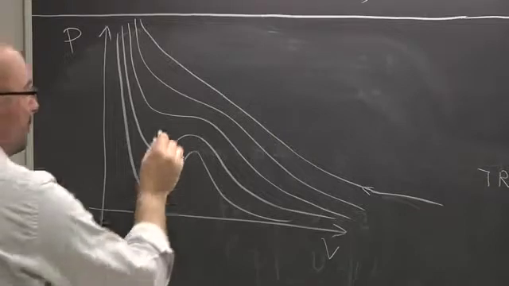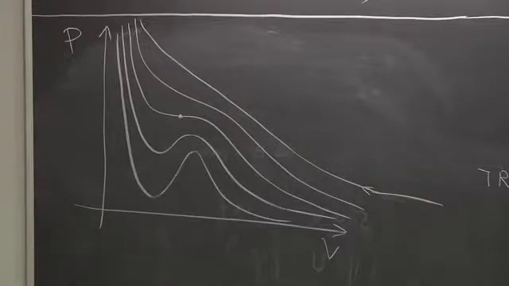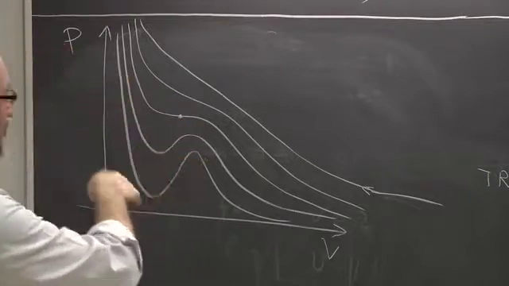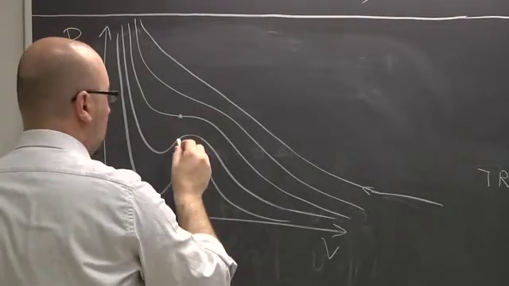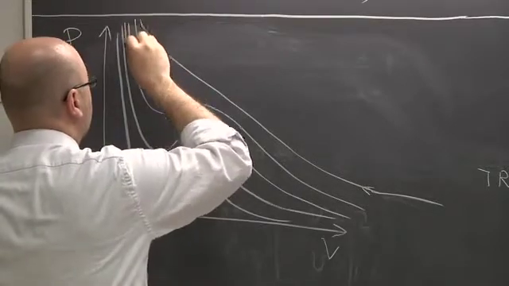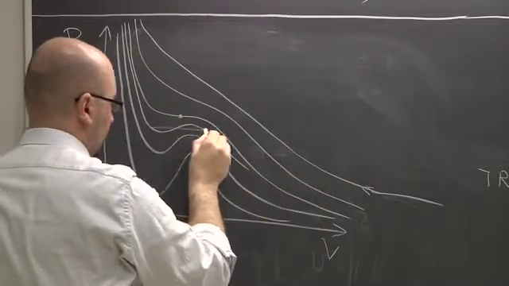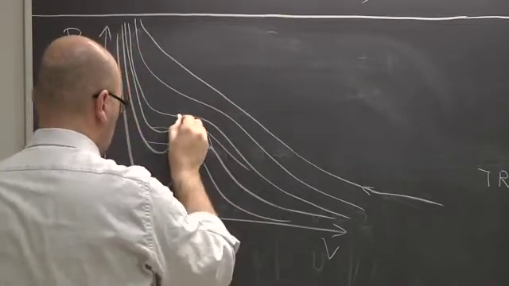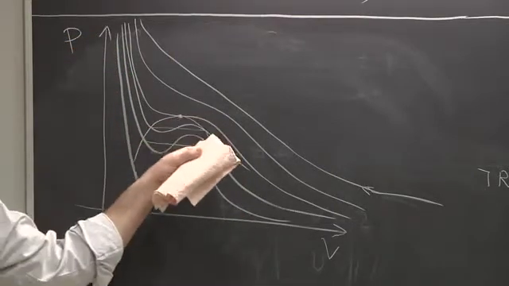And then there is a critical temperature at which there is a change in the behavior of the function, right? There's a change in the behavior of the function, and below this, we can have coexistence of liquid and gas.